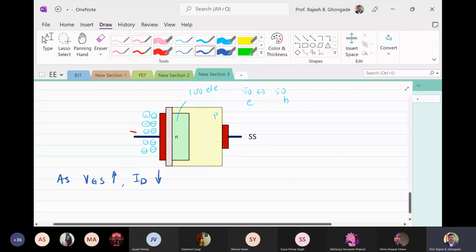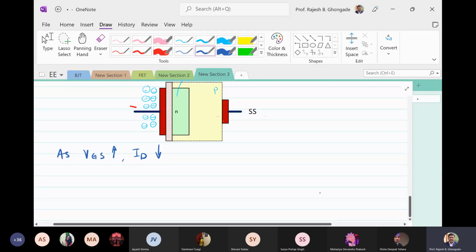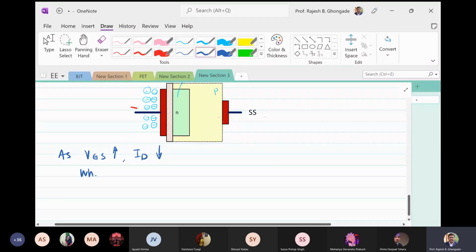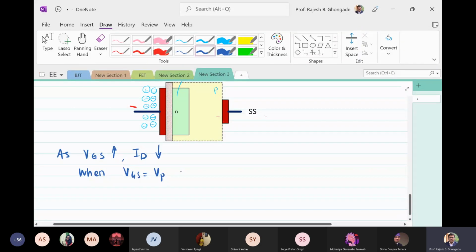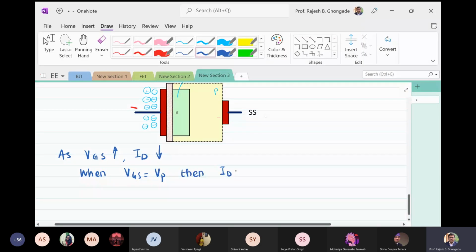Because the number of charge carriers is reduced. Electrons are reduced here. Similar to JFET, the drain current reduces to zero when VGS is equal to VP. So when VGS equals VP, the drain current reduces to zero.